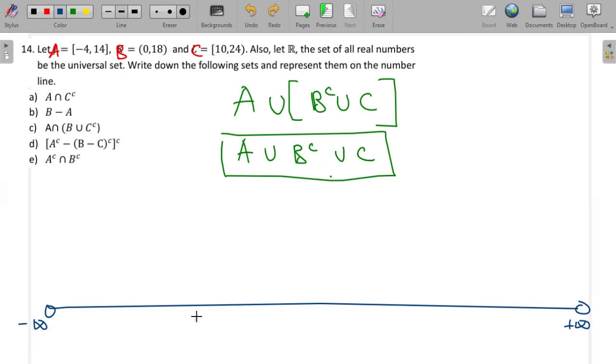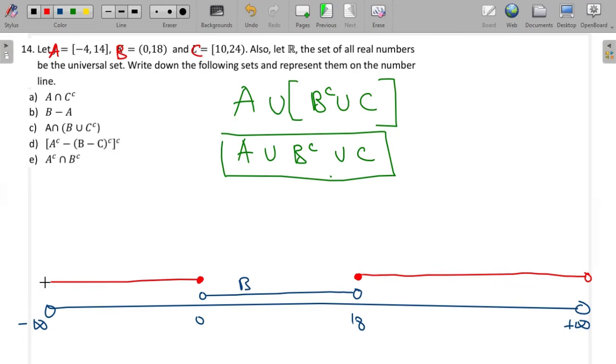The B is from 0 to 18. So this is not included. This also is not included. That's my B, but I'm interested in the B complement. So the B complement will be 0 included, 18 included, and then here it goes all the way to positive infinity. Even here, it goes all the way to positive infinity. So this is B complement.